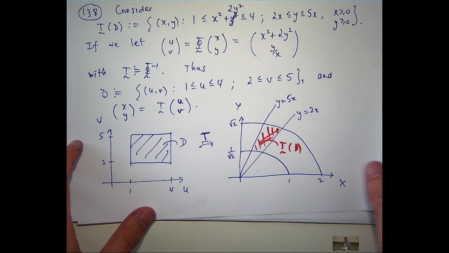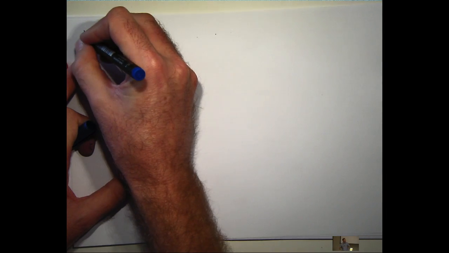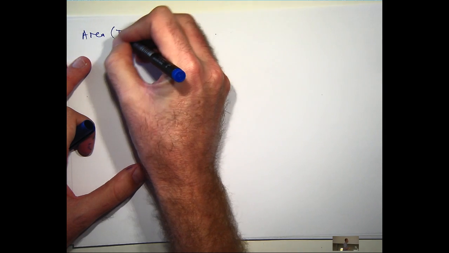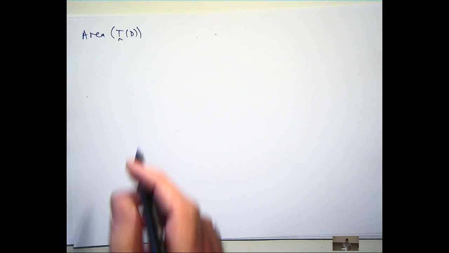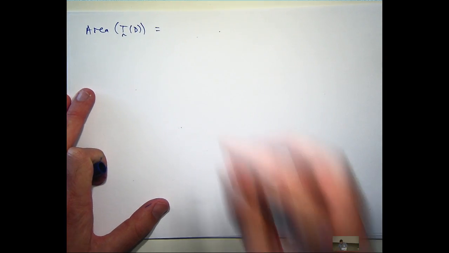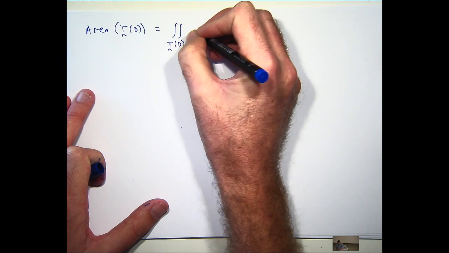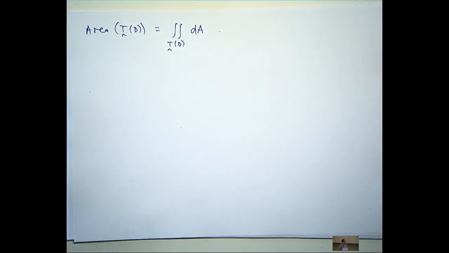All right, so the area of this red shaded region, as we know from the basic theory of double integrals, is just this.